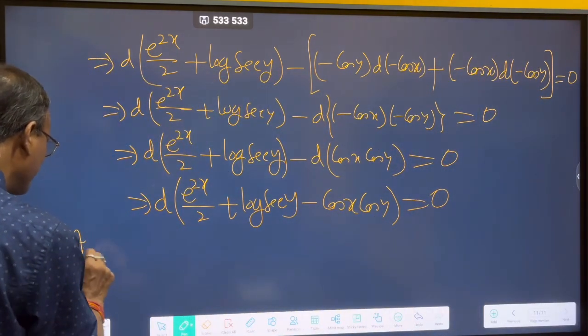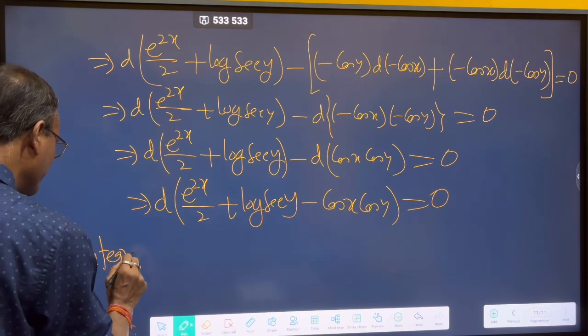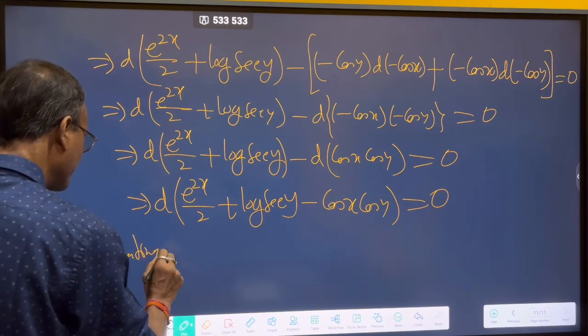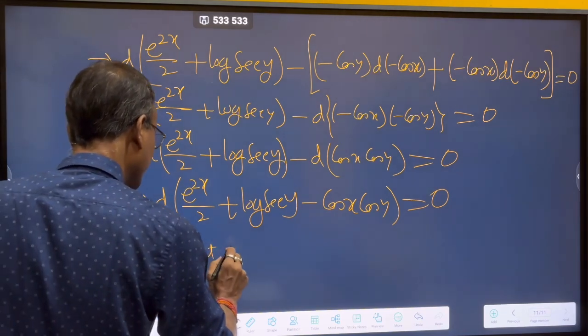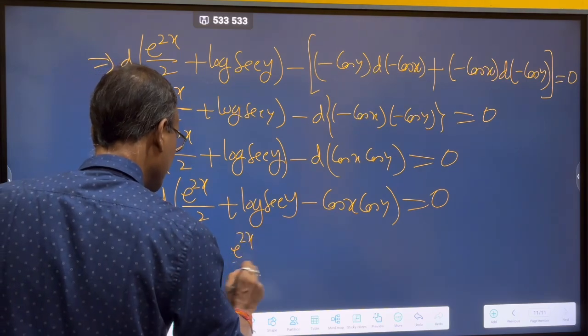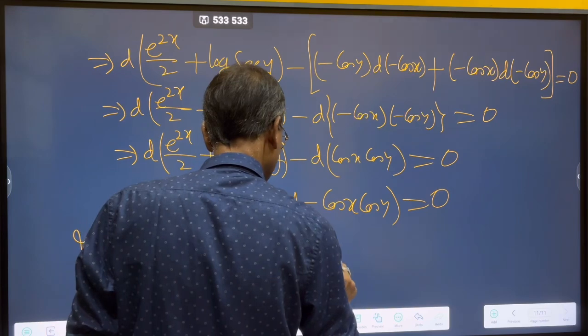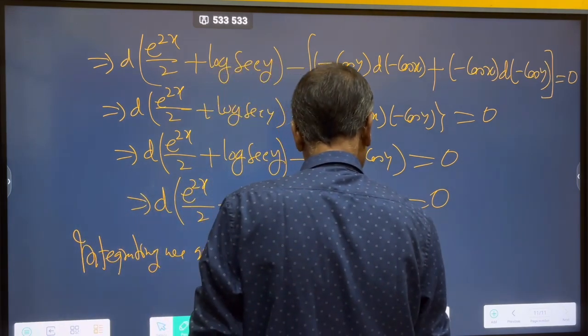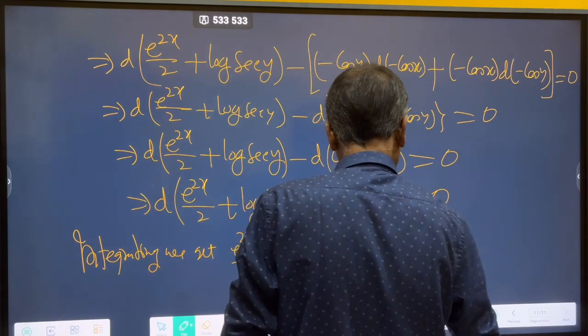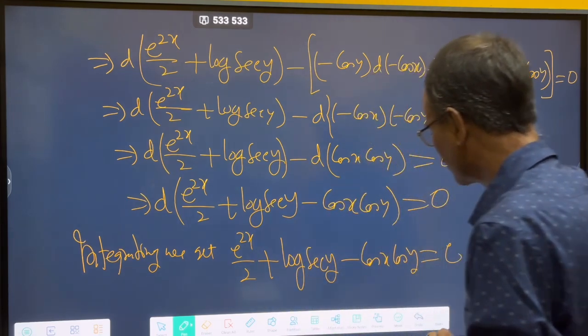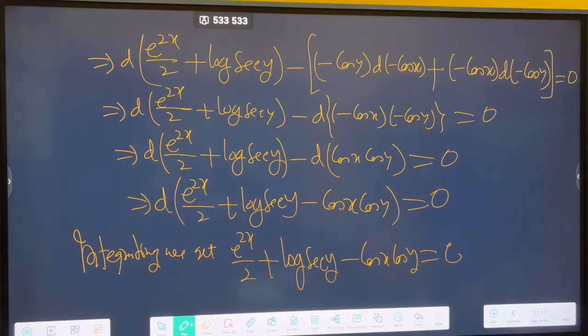Integrating we get e to the power 2x by 2 plus log of sec y minus cos x cos y equal to constant.